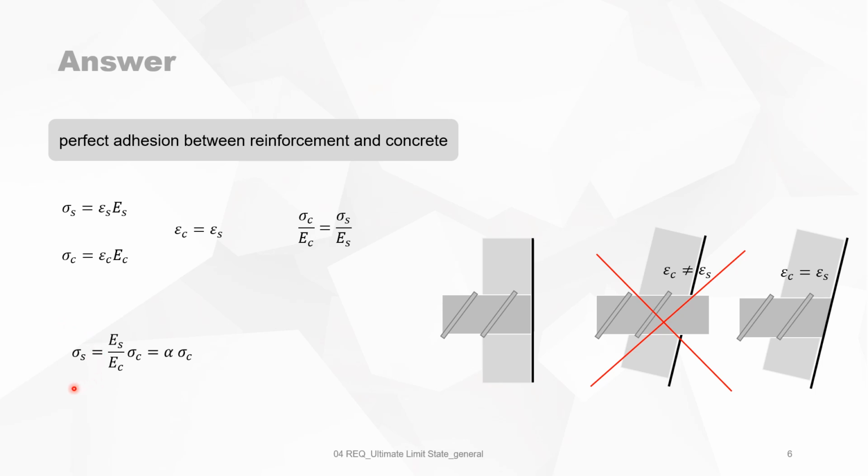You can write it in a simple way: the stress in the steel is equal to alpha times the stress in the concrete, and alpha is the ratio of the modulus of elasticity of steel and concrete. The perfect adhesion here leads in fact to an elastic behavior of the material. Be reminded that this equation is only valid locally.